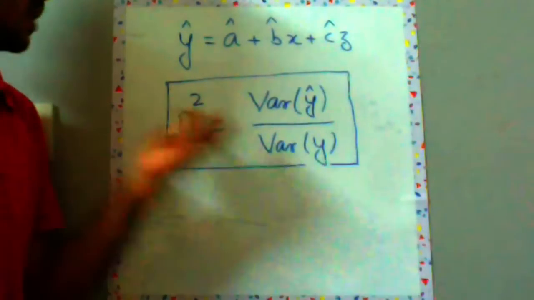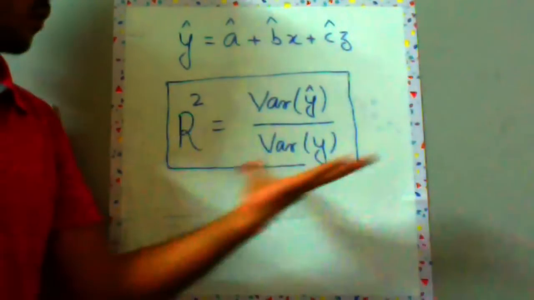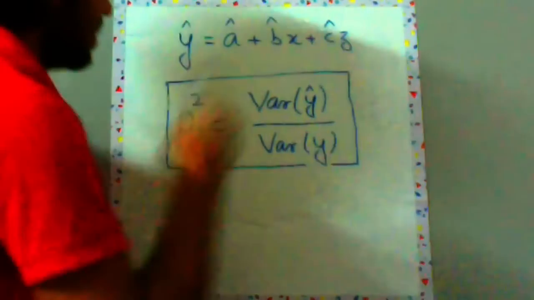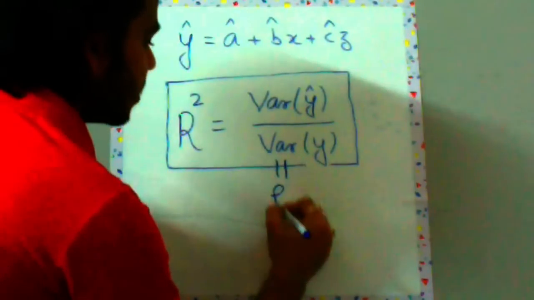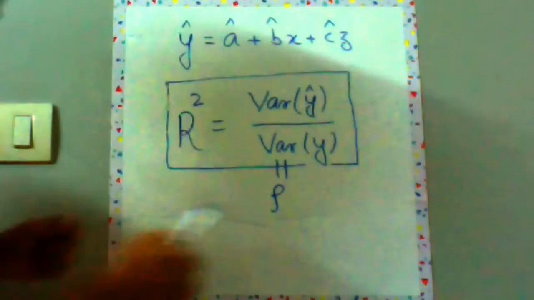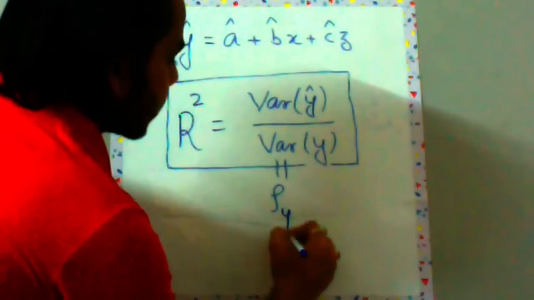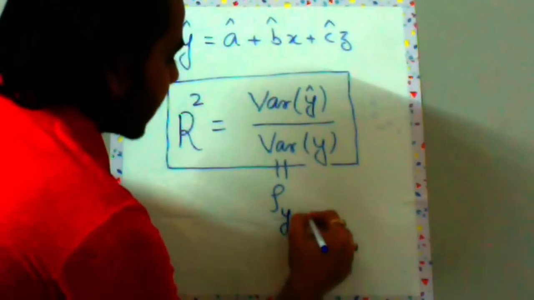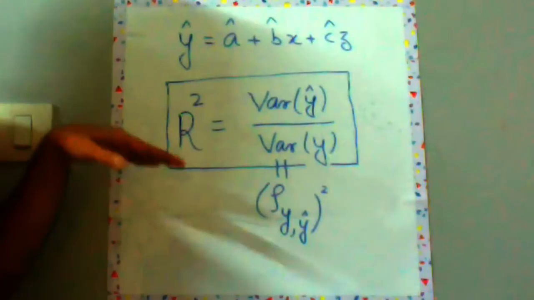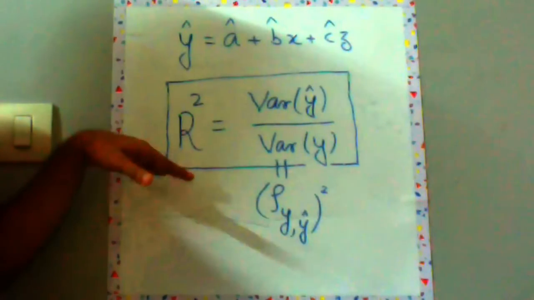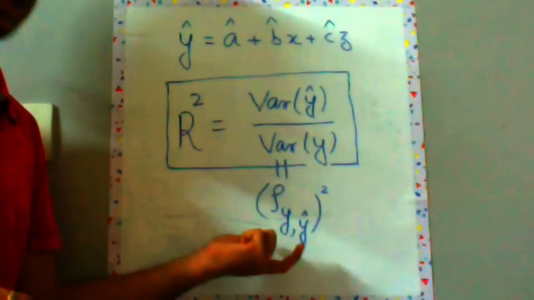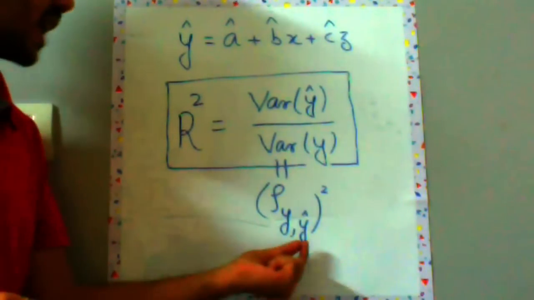And coefficient of determination R square in this particular model can also be written as the square of the correlation coefficient, or multiple correlation coefficient, between y and y hat.